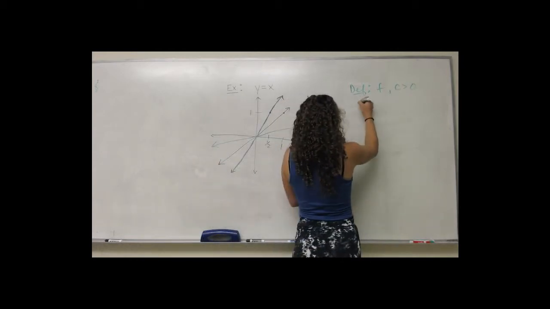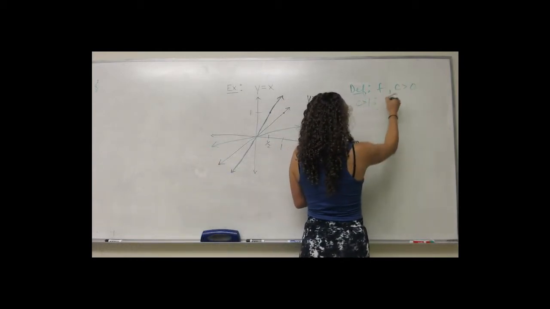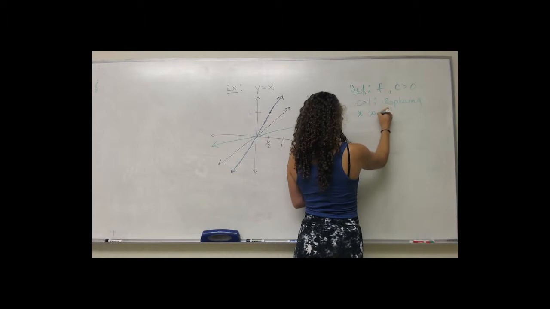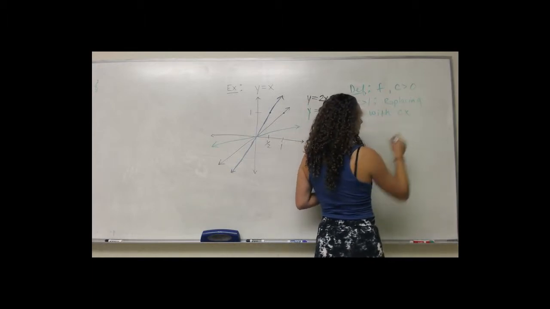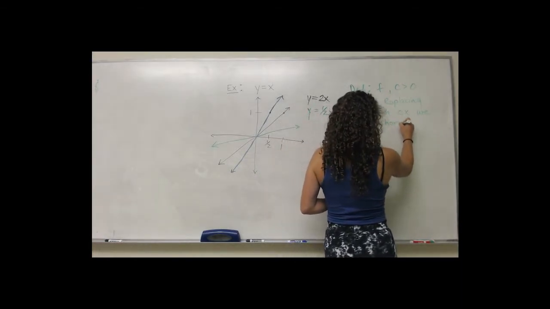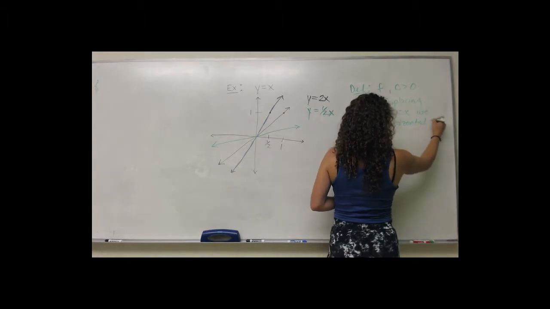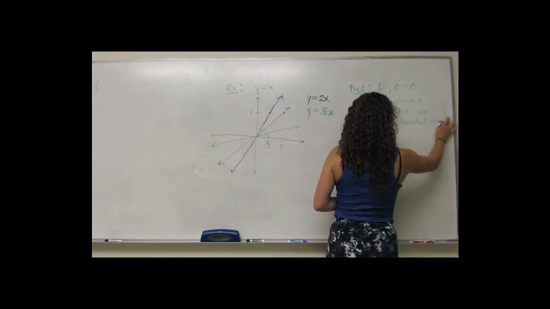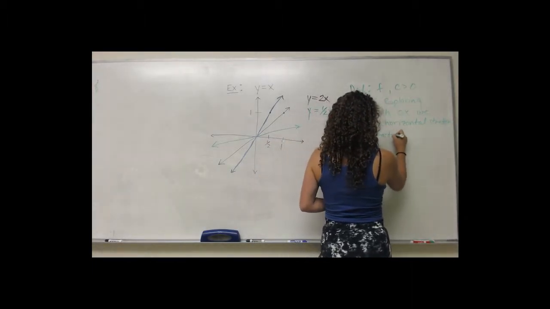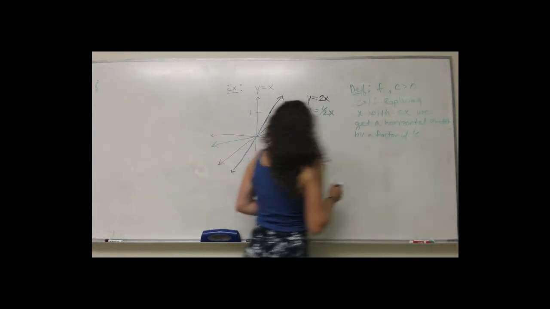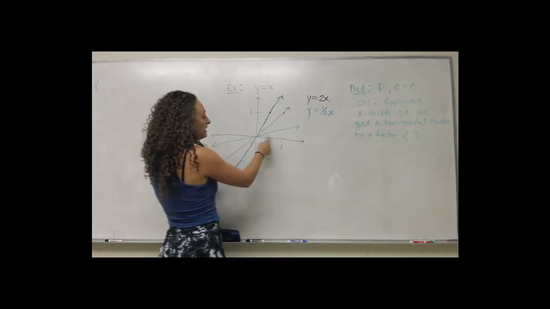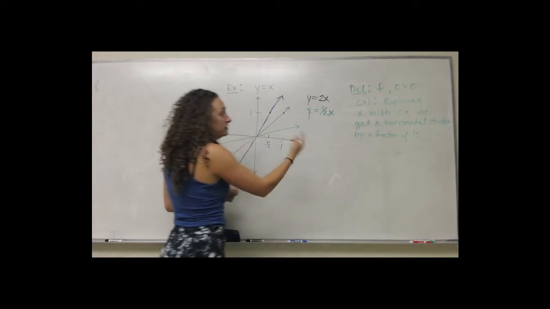If c is greater than 1, then if we replace x with cx, we get a horizontal stretch by a factor of 1/c. So when we first replaced x with 2x, we compressed by a factor of 1/2.